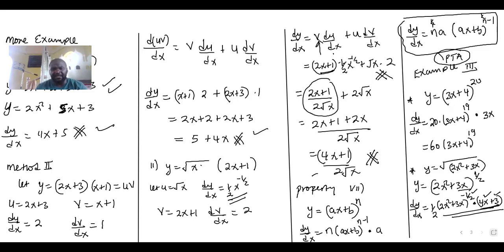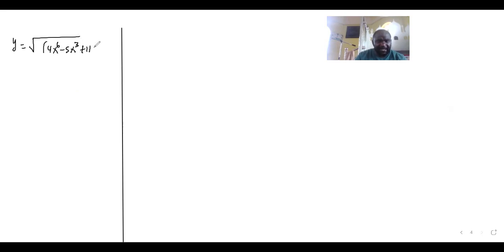Let me give you another example. Another example, ideally the same idea, can look like this. y is equal to square root of 4x power 6 minus 5x cubed plus 11x.